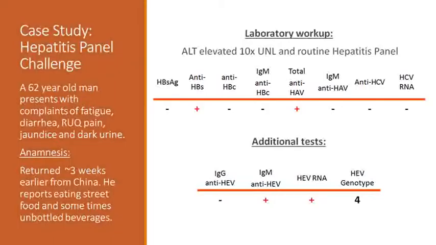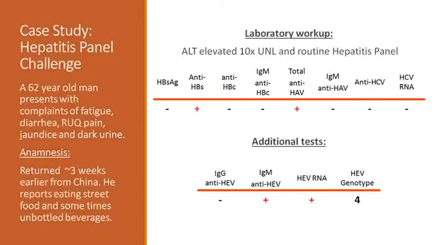So 3 weeks after returning from China, he developed a high ALT level, and the routine hepatitis panel showed that there was no hepatitis B and no hepatitis A in the patient.